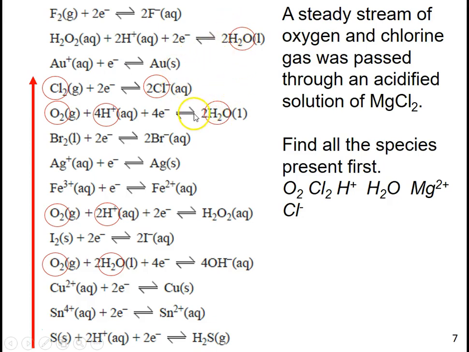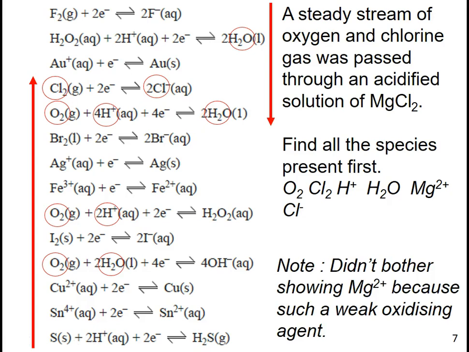There's no other reducing agents present. Alright, so as you work your way up, the strongest oxidizing agent, which is chlorine, is going to react with, work your way down, the strongest reducing agent, which is water.